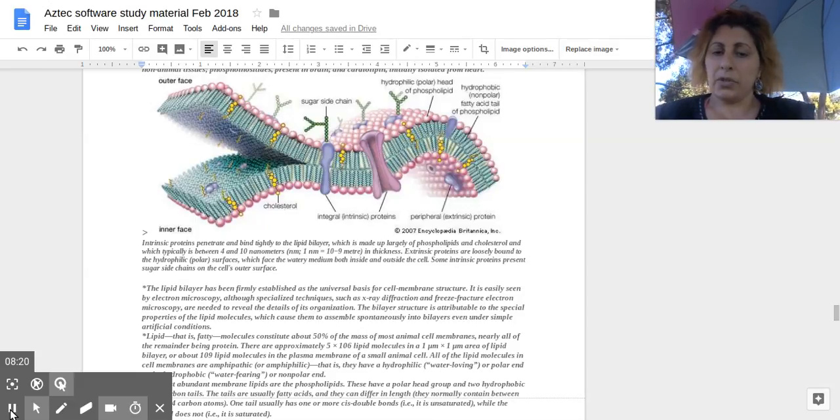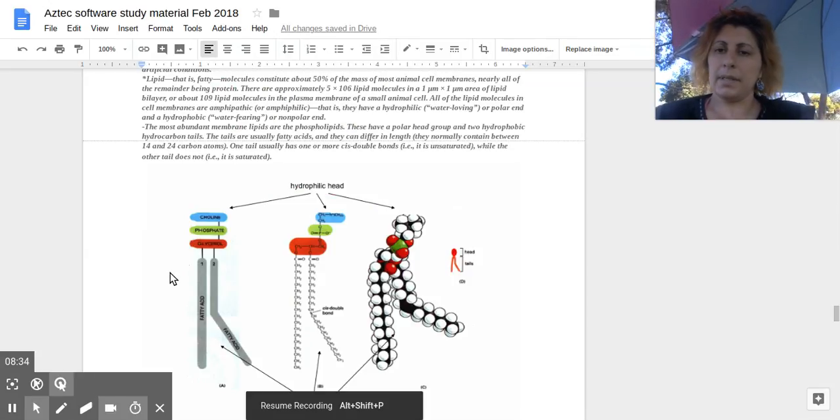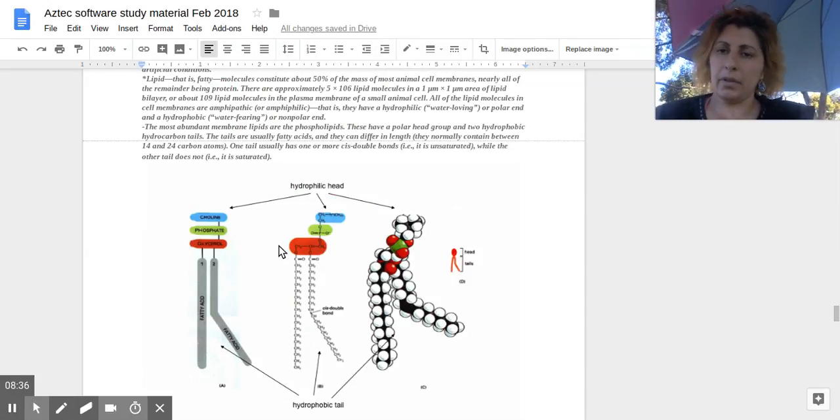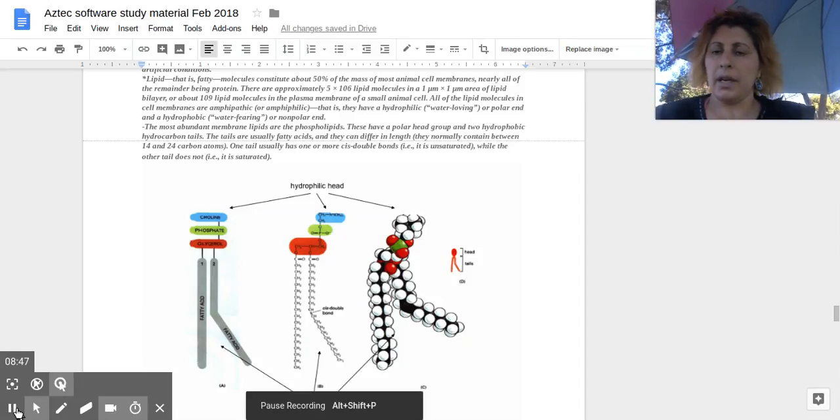The bilayer structure is attributable to the special properties of the lipid molecules, causing them to spontaneously assemble into bilayers, even under simple conditions, like the micelles. Lipids or fatty molecules constitute 50% of the mass of the animal cell membranes, nearly all of the remainder being proteins.